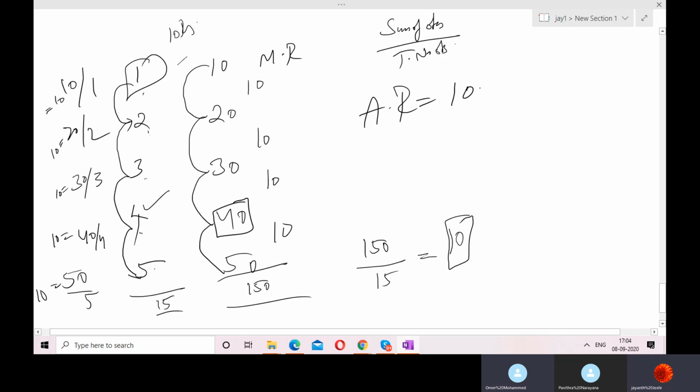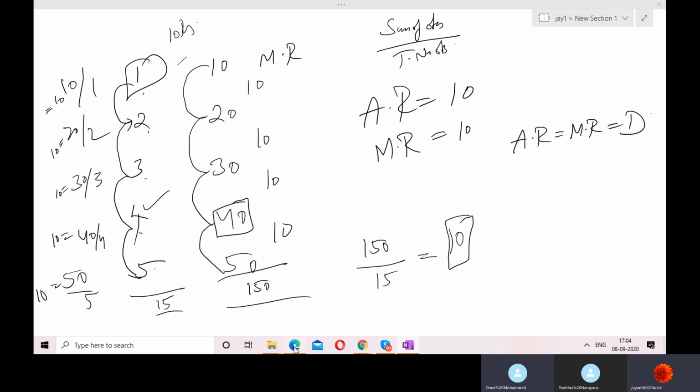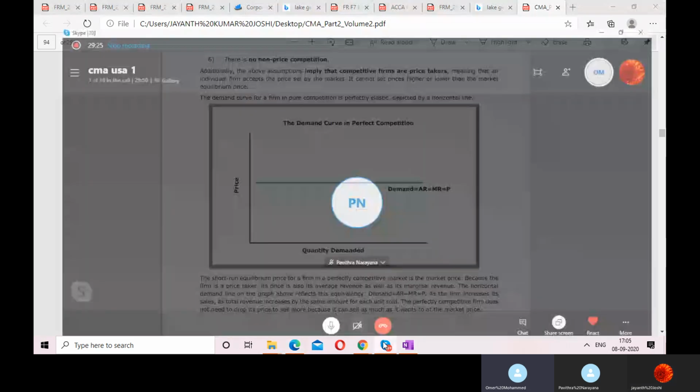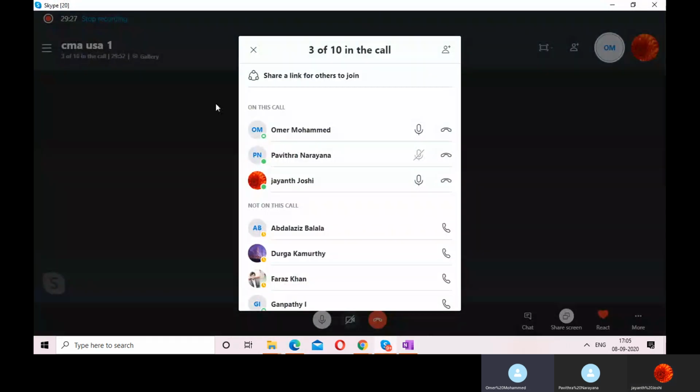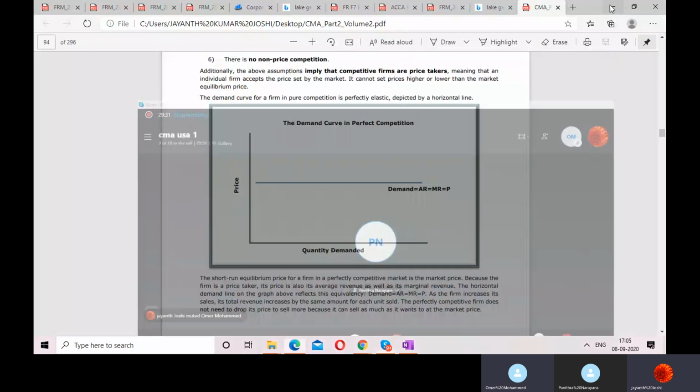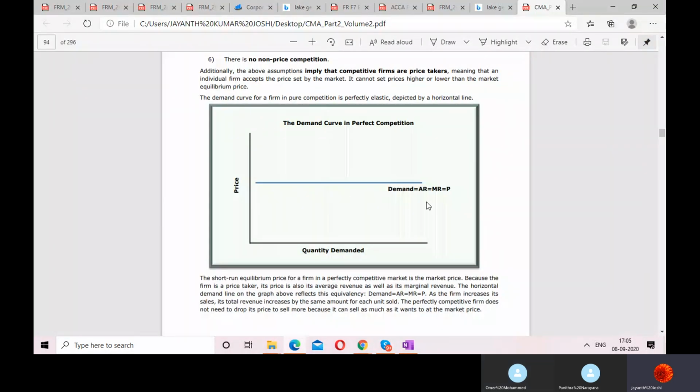So your average revenue is 10. Marginal revenue is 10. So average revenue is equal to marginal revenue is equal to the demand curve, which is given here. So average revenue is equal to marginal revenue is equal to the price is nothing but this demand curve, which is horizontal.